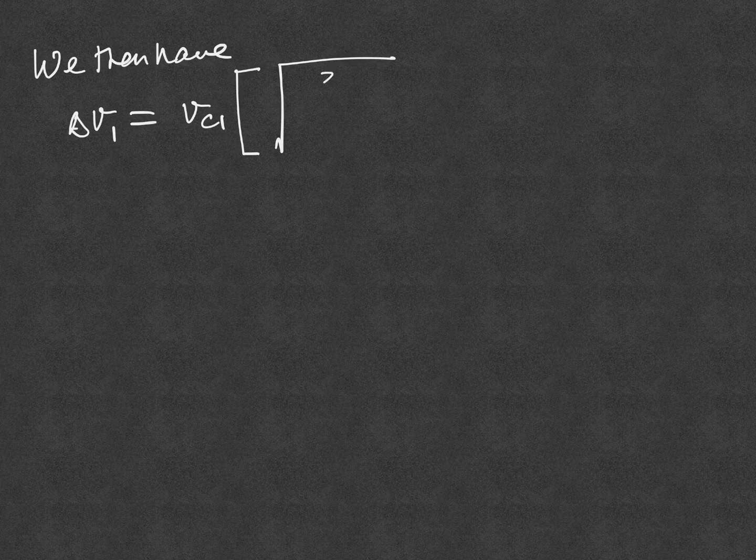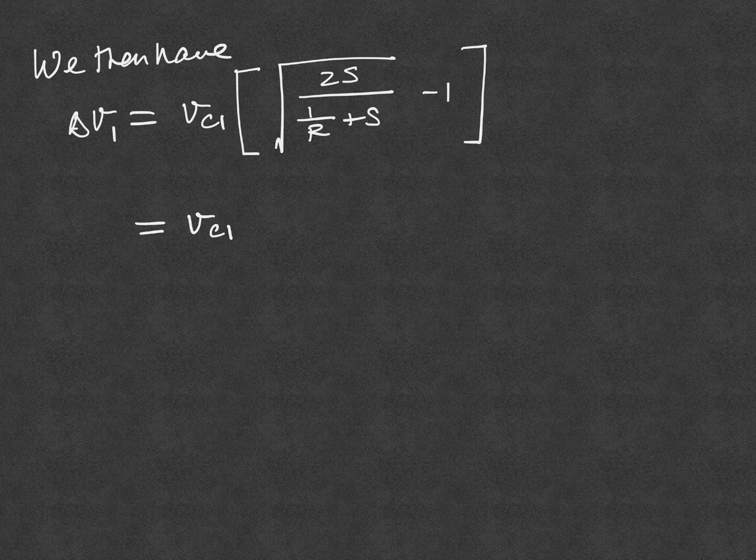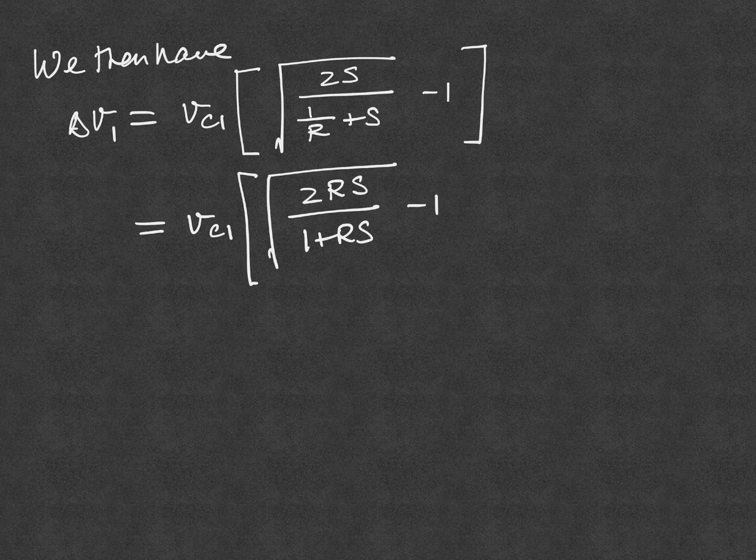So now if we carry that expression over, we have delta V1 equal to VC1 times the square root of 2S all divided by 1 over R plus S minus 1, which, if we multiply the numerator and denominator inside the square root by R, gives VC1 times the square root of 2RS all divided by 1 plus RS, minus 1.